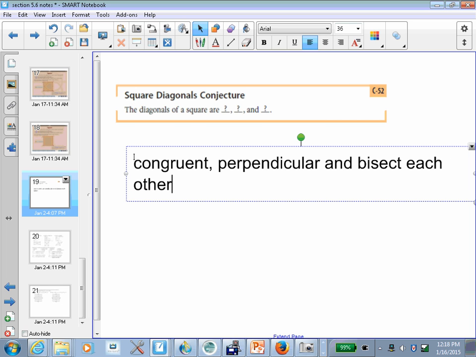I want you to take the time with your figure that you've made in Sketchpad and use your pen and make the appropriate marks on your square, screenshot it, and put it in your notes.